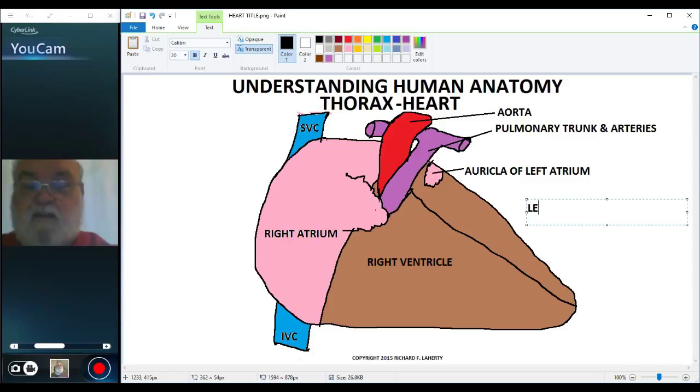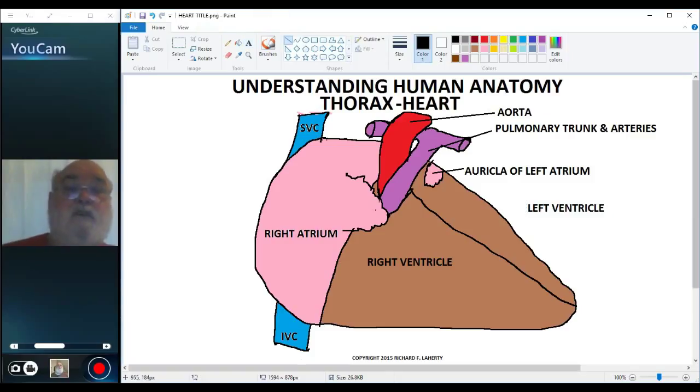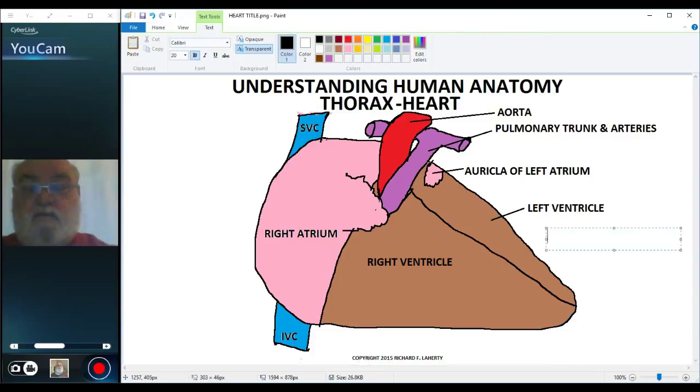This is the left ventricle. And remember that most of the left ventricle lies posteriorly, so that's why we're only seeing a small amount here. And then this line is the interventricular groove.